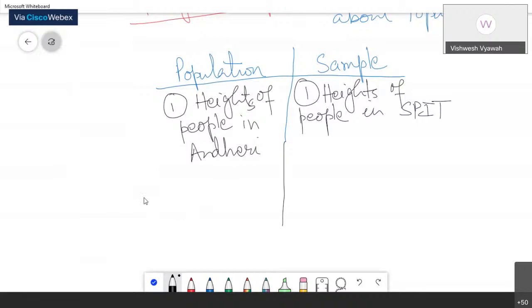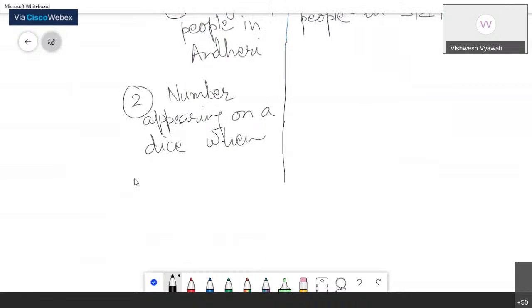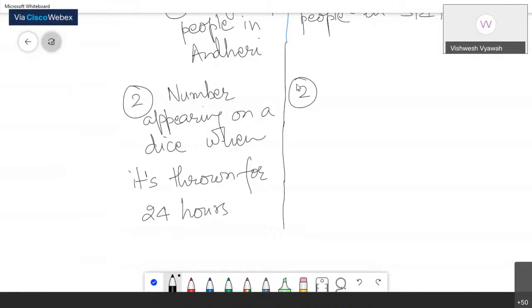So the second example: the number appearing on a dice when it is thrown for 24 hours. For 24 hours continuously you are throwing the dice, and correspondingly you are generating a set of data. Sometimes you get 1, sometimes you get 2, sometimes 3, and so on. Now what would be the sample for that?